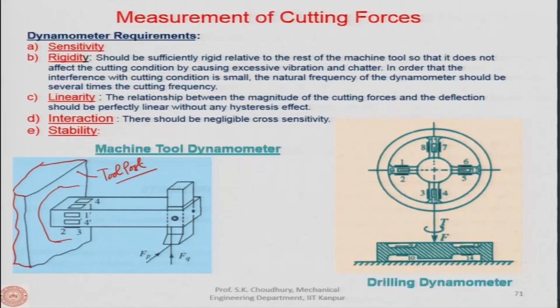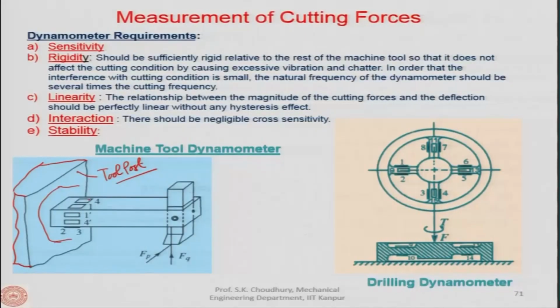Inside this dynamometer, we will have the strain gauges, or in the modern dynamometers, like the dynamometers made by Kistler in Switzerland, they actually have the monopoly. The best dynamometers available in the world are the Kistler make dynamometers, and those now use piezoelectric elements.